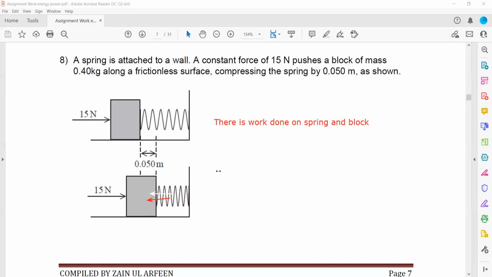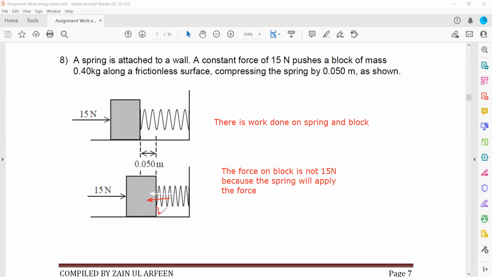The force on the block is not 15 Newton because the spring will also apply a force.